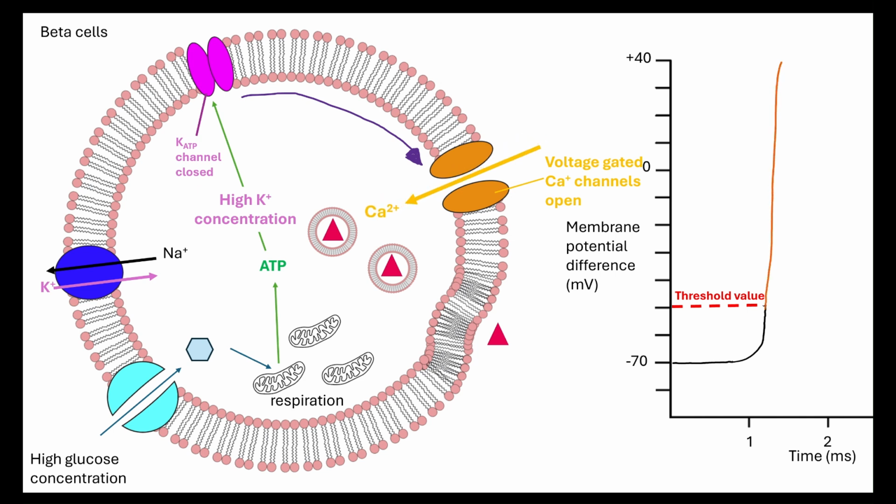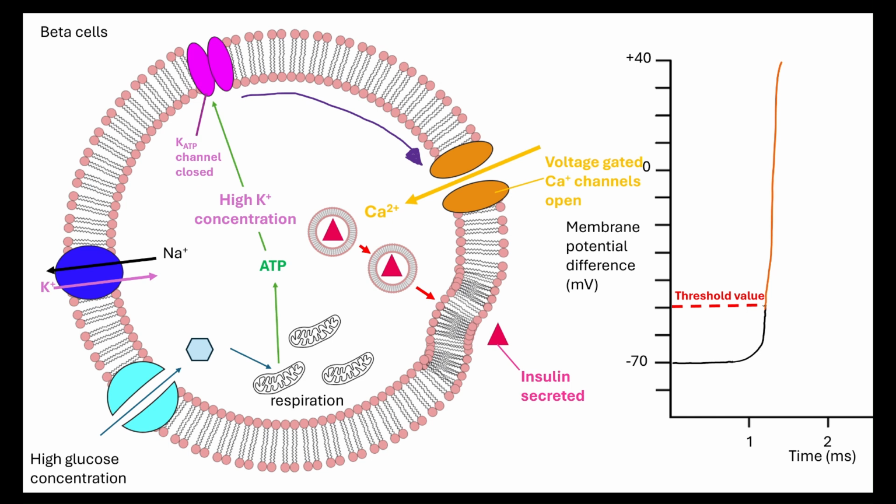Calcium can now move in across the membrane into the cytoplasm, and that causes the vesicles which contain the insulin to be moved towards the membrane so that the insulin can now be secreted.